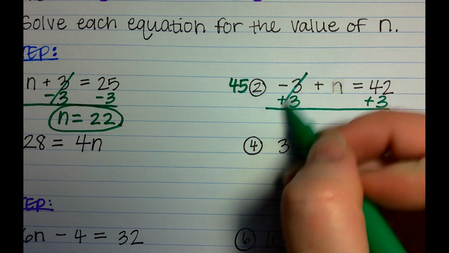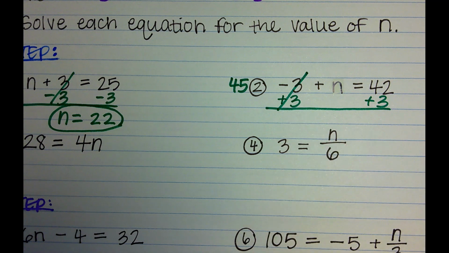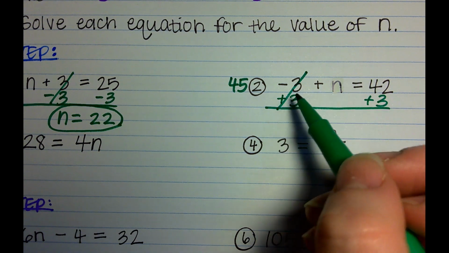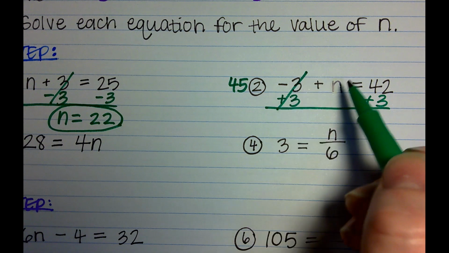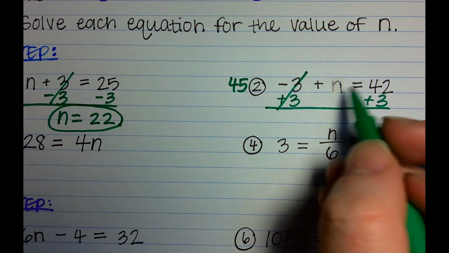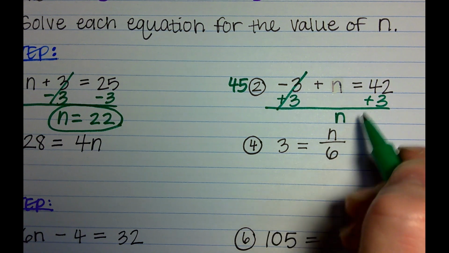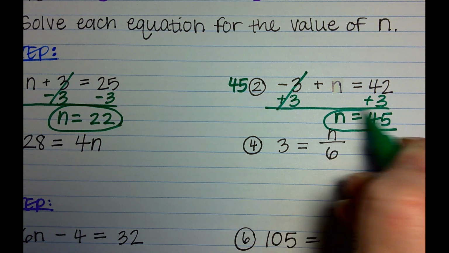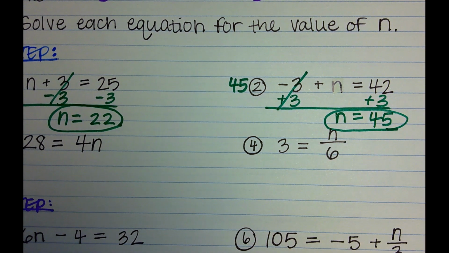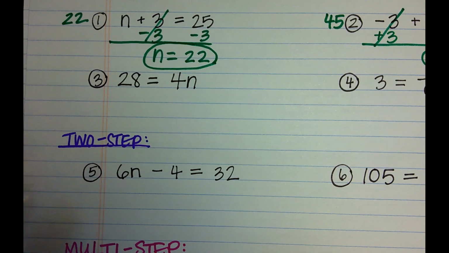My negative 3 and my plus 3 cancel. I don't need my plus sign anymore, right? Because now there's just n left. So I'll bring down my n equals 45.